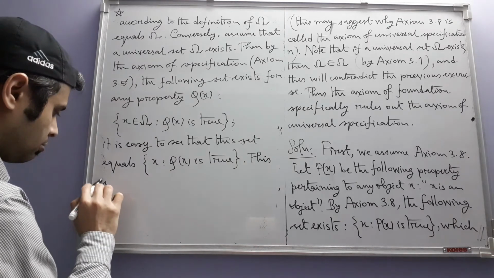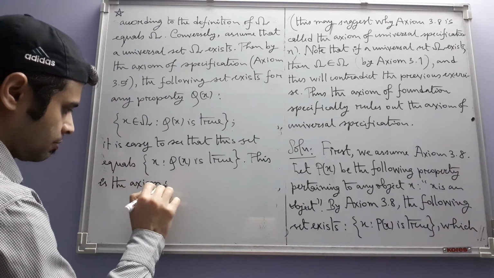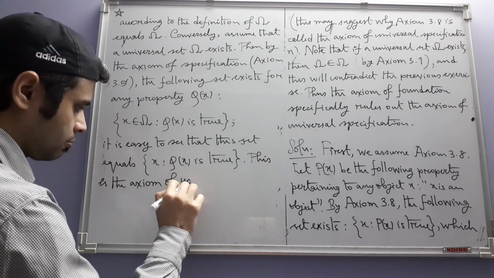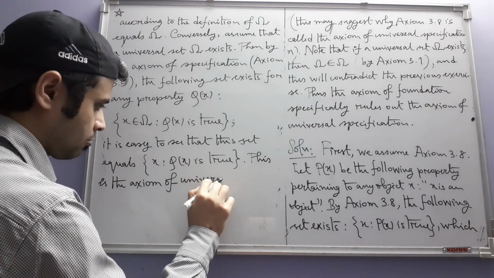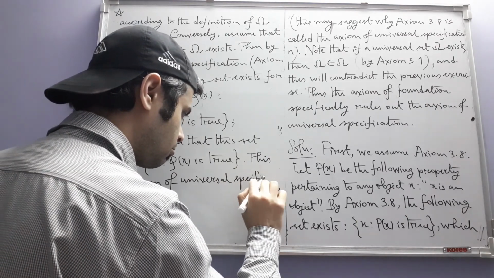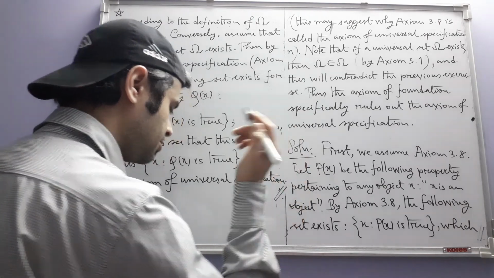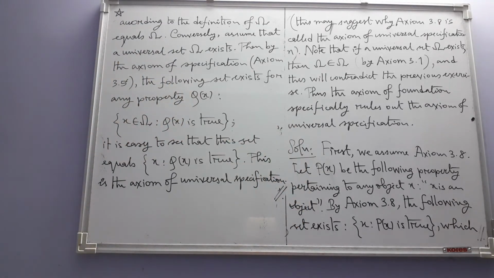This is the axiom of universal specification, and that's how this solution and this section ends. Okay, so in the next section we will look at the concept of functions.